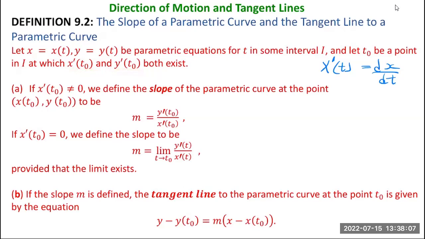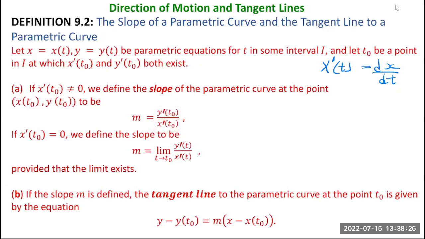Then here is the conclusion. If x prime of t naught is not equal to 0, we define the slope of the parametric curve at the point x of t naught comma y of t naught to be m equal to y prime of t naught divided by x prime of t naught.